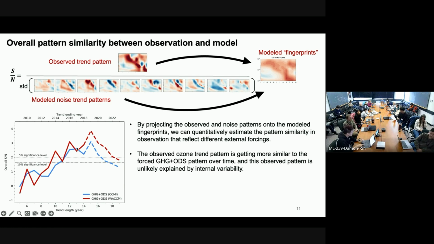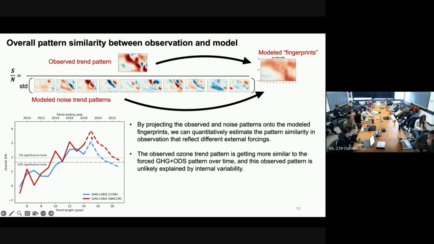But both of these ensemble simulations show that after around 2015, we expect to see about a 2 sigma level, indicating that the observed pattern is unlikely due to internal climate variability itself. It has to be forced by these greenhouse gas plus ODS forcing.